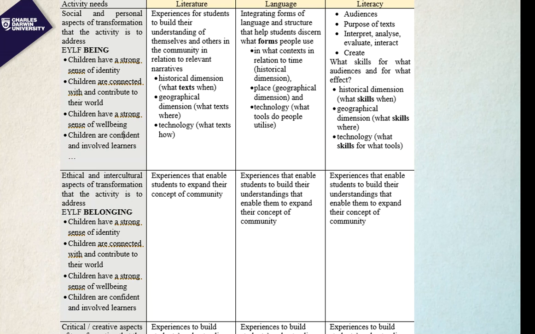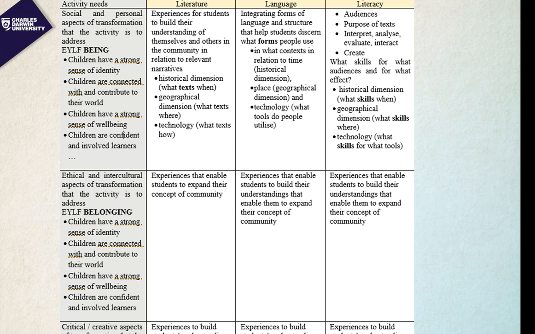Now, once you have, so you first do your literature, then you compare your literature choices against the language forms, whether they are actually linguistically diverse and whether they are also enabling your students to develop skills also 3-dimensionally across time, space, and technology.